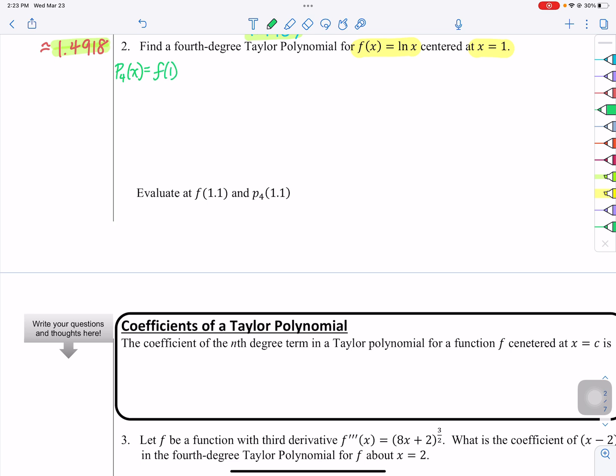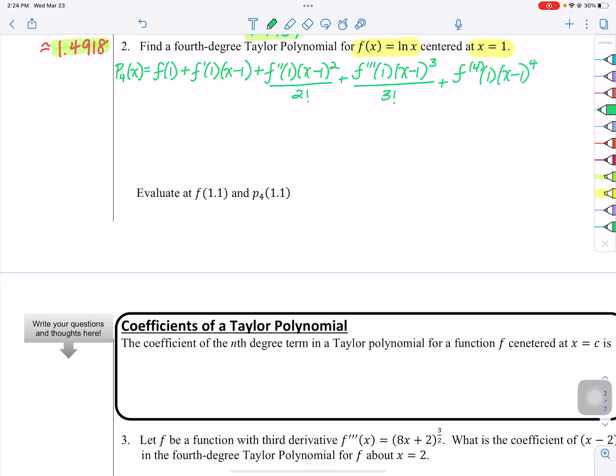So that's f of 1 plus f prime of 1 times x minus 1 plus f double prime of 1 times x minus 1 squared over 2 factorial plus f triple prime of 1 times x minus 1 cubed over 3 factorial plus the fourth derivative evaluated at 1 times x minus 1 to the fourth power divided by 4 factorial.